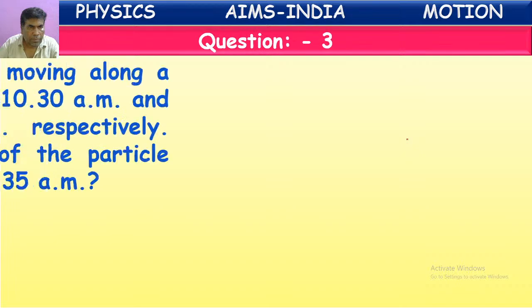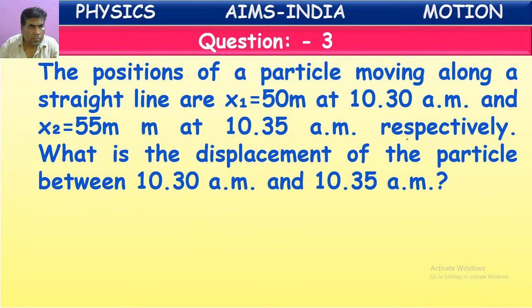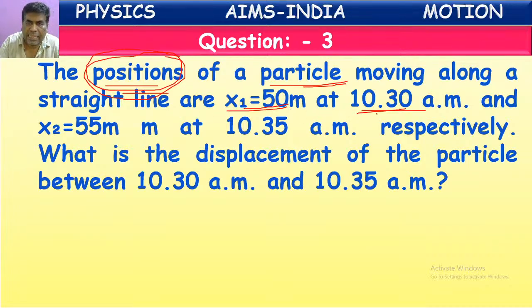Next. Question number 3. See, the question is somewhat big. The positions means two positions, more positions. The positions of a particle moving along a straight line are x1 equal to 50 meter at 10:30 am and x2 equal to 55 meter at 10:35 am respectively.